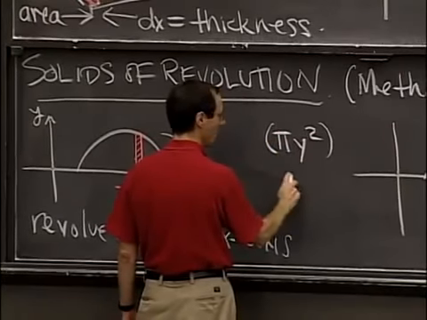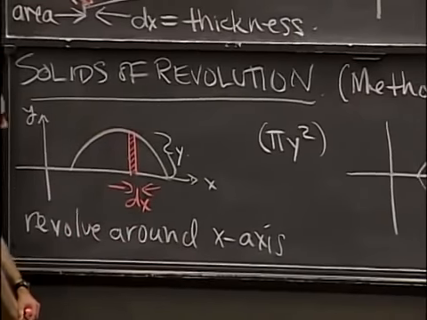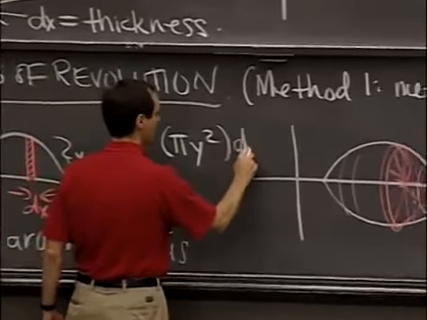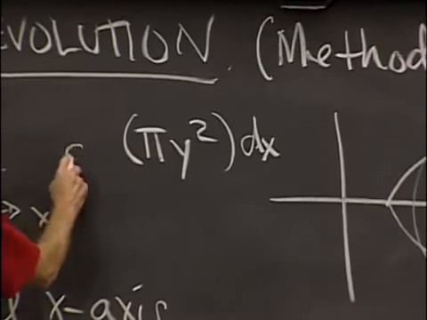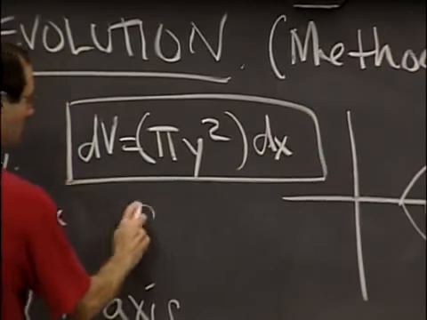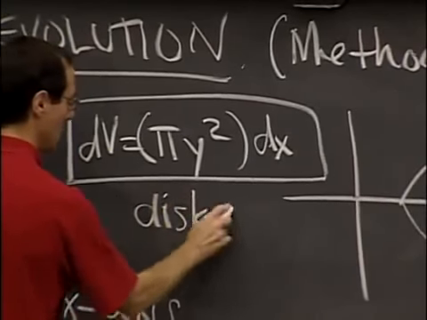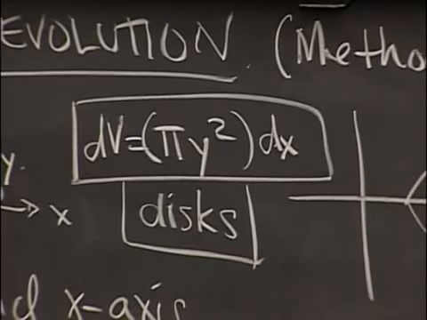So that's, if you like, one of the dimensions. And then the thickness is dx. So the incremental volume is this. So this is the method of disks. And this is the integrand.